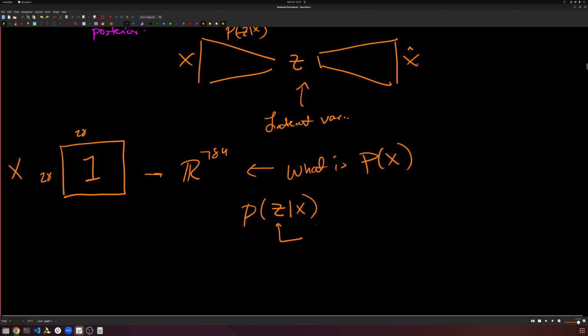But in standard VAE form, we will be mapping this to a Gaussian, which is why we started with talking about Gaussians. So probability of z given x must be a Gaussian distribution. We're going to restrict it to be a Gaussian distribution. And so we're going to try to use z, which is going to be some Gaussian thing, to estimate x. And that's the big idea.